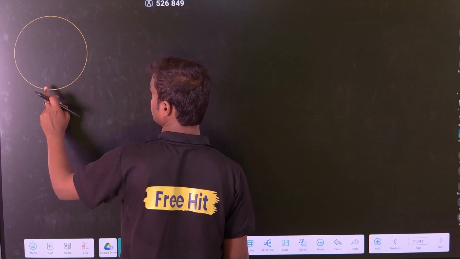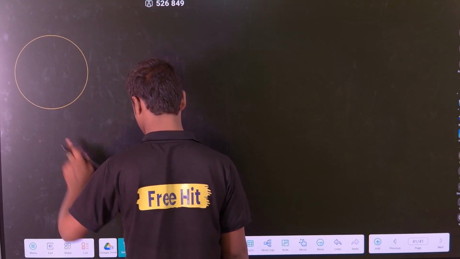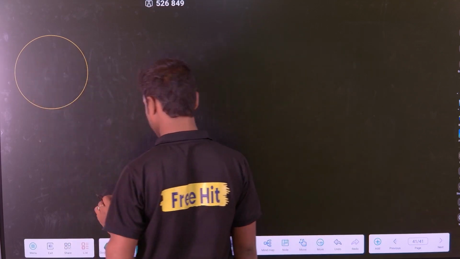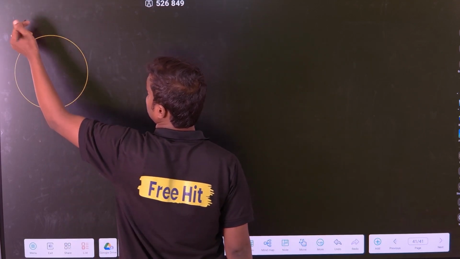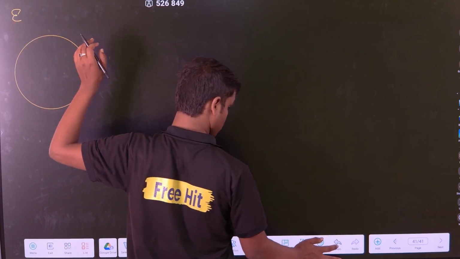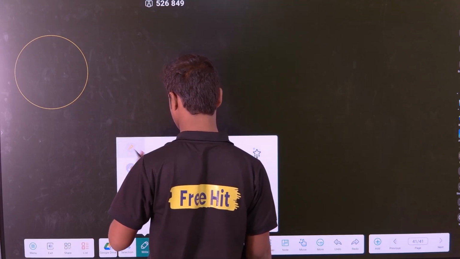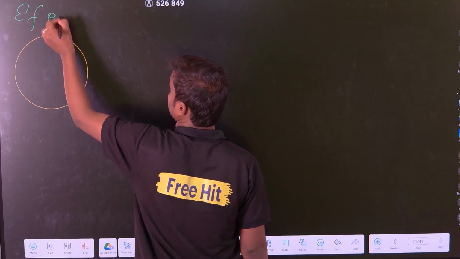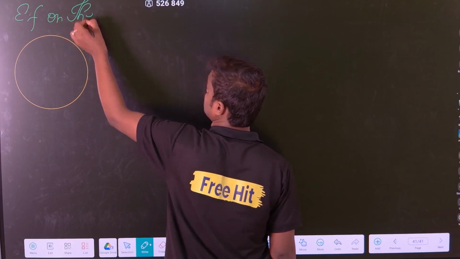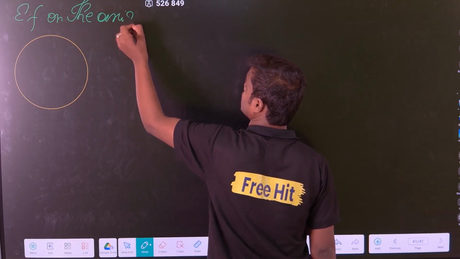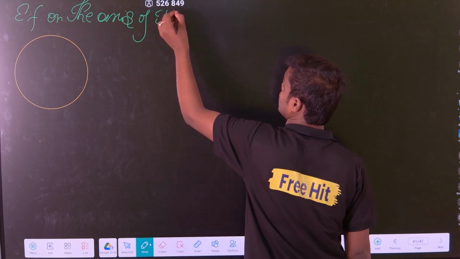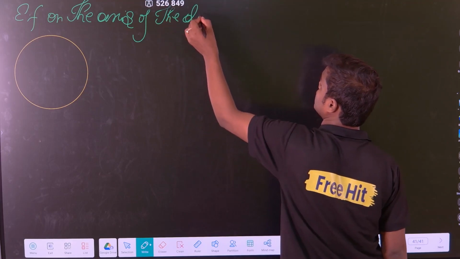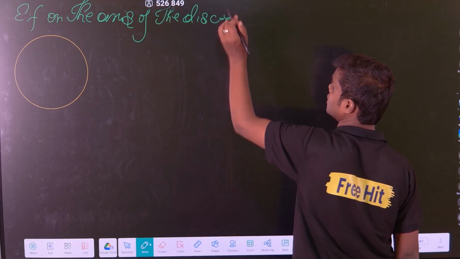First thing is the electric field on the axis of the disk. That is our next topic, or you can say next geometry.